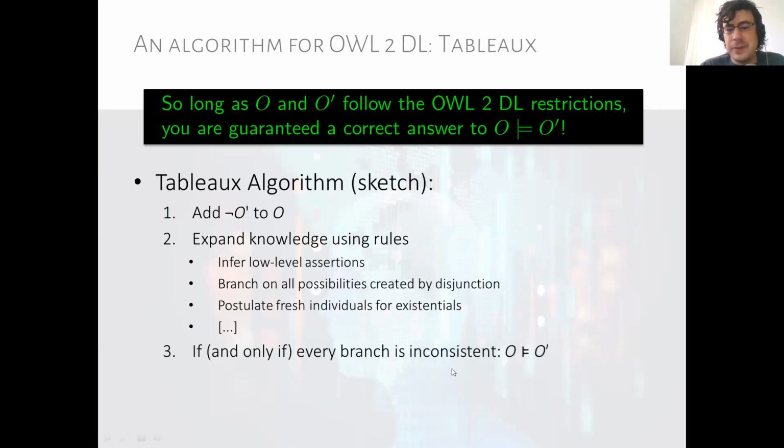If and only if every branch is inconsistent, then O entails O prime. When we branch, we branch on all the possibilities created by these disjunctions, for example, Vincent is criminal in one branch, Vincent is lawful in the other branch, and we check that both branches are inconsistent.